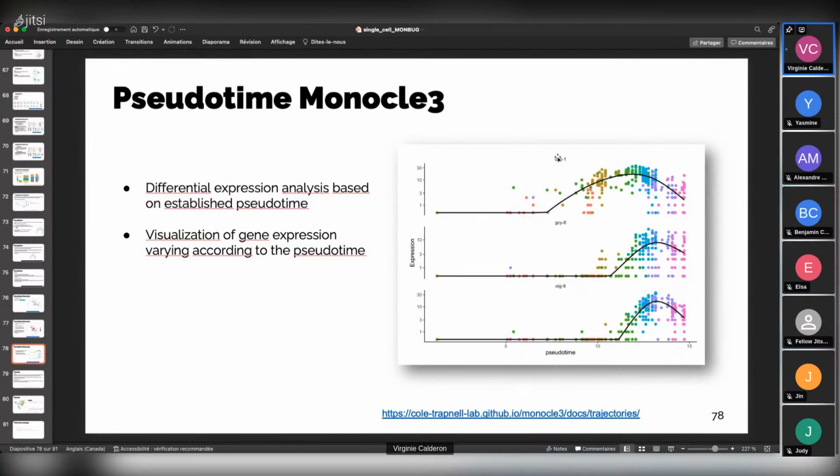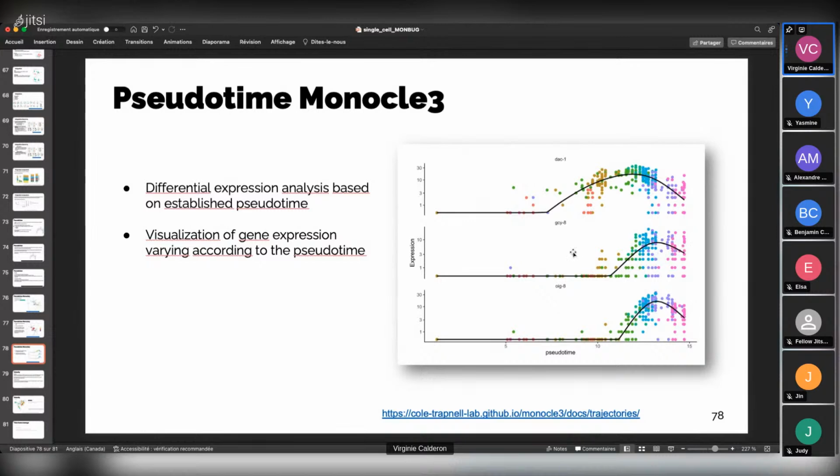For this gene here, we see that the expression is increasing at time 8, I would say, and then going to a plateau and decreasing. Here, on the other hand, you have two other genes with pretty much the same curve, and the expression of this gene starts here around time 11, in the cells belonging to the cluster in green, and then decreases.